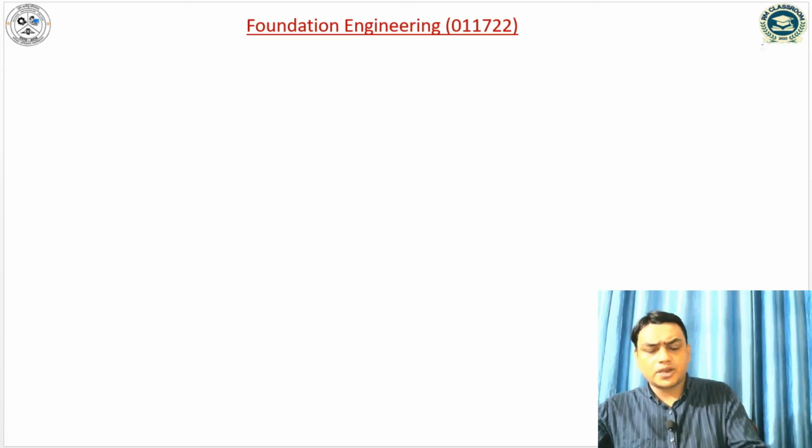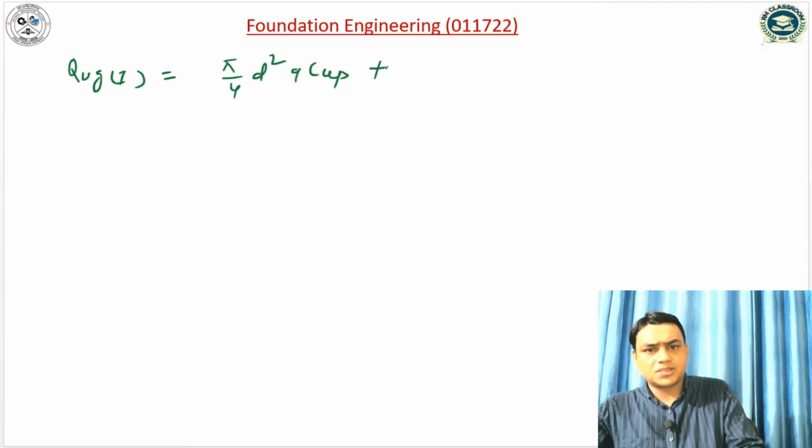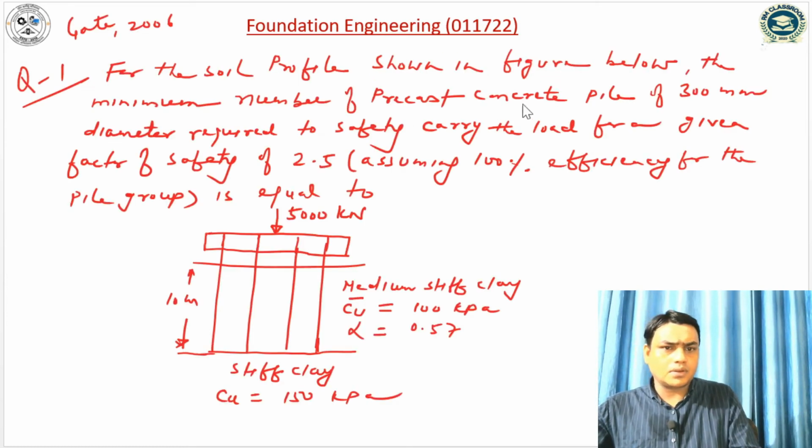So the individual load carrying capacity can be computed as Q_UGI is equal to, for a circular pile, pi by 4 d square into 9 C_UP plus pi d L into alpha into C_UF.